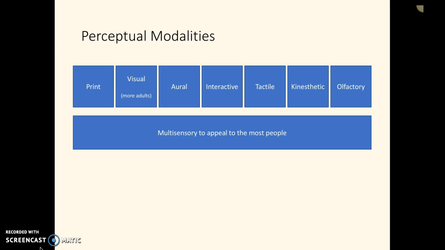But what we know with this is that most adults, or more adults, are visual learners than any other style. However, the critical part to this is that we take all of those multisensories into consideration when we are providing instruction or training.